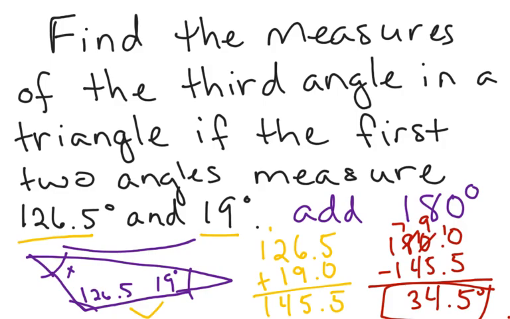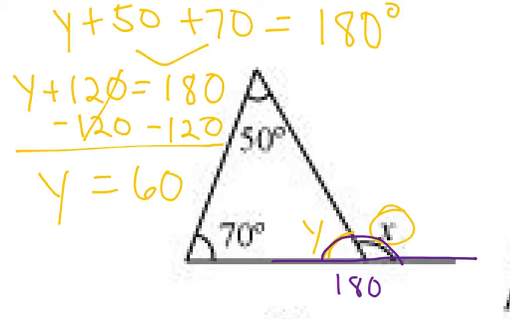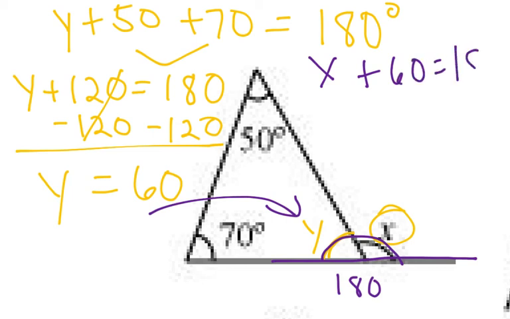So now we can figure out the measurement of angle x. We know that x plus y, which we now know is 60, is going to equal 180 degrees.